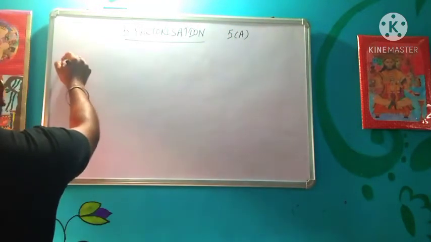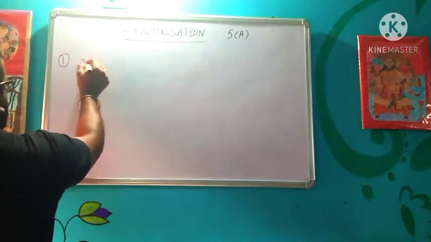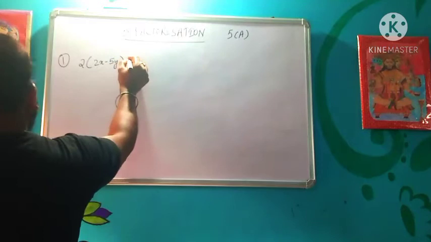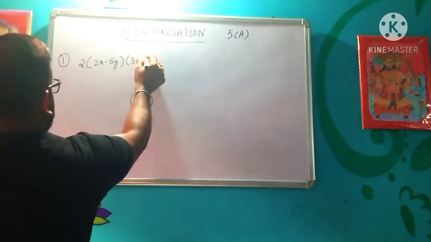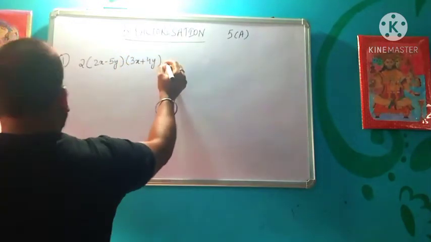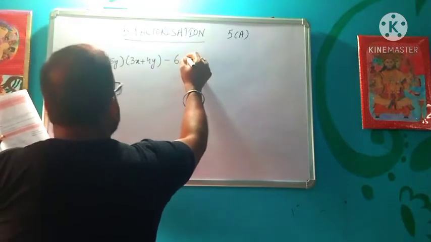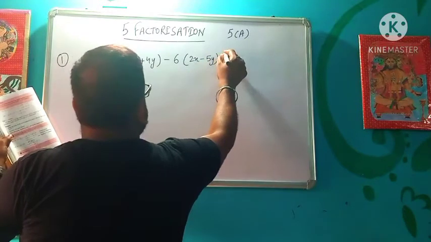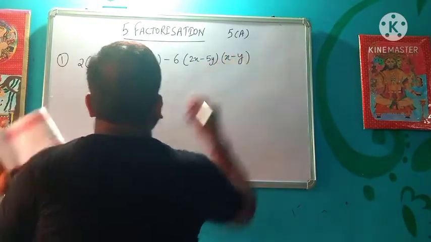In the very first question, it is 2(2x - 5y)(3x + 4y) - 6(2x - 5y)(x - y).